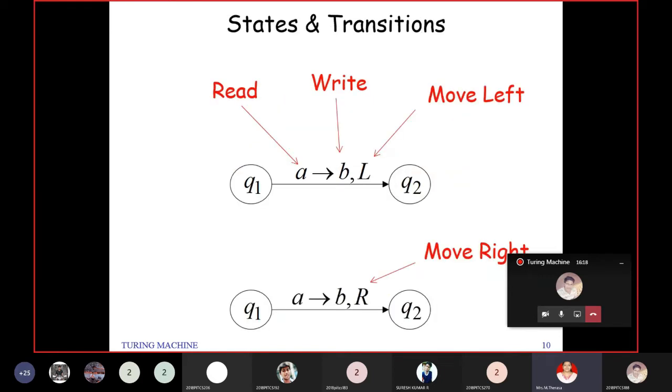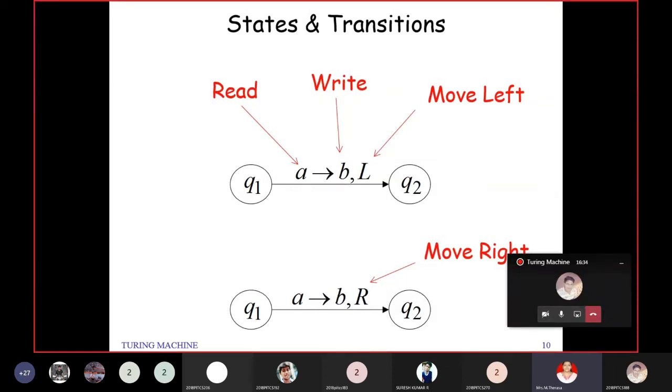Then we'll see about the state and its transition of Turing machine. You know that you have to use a circle to represent states, and double circles for representing a final state or accepting state.